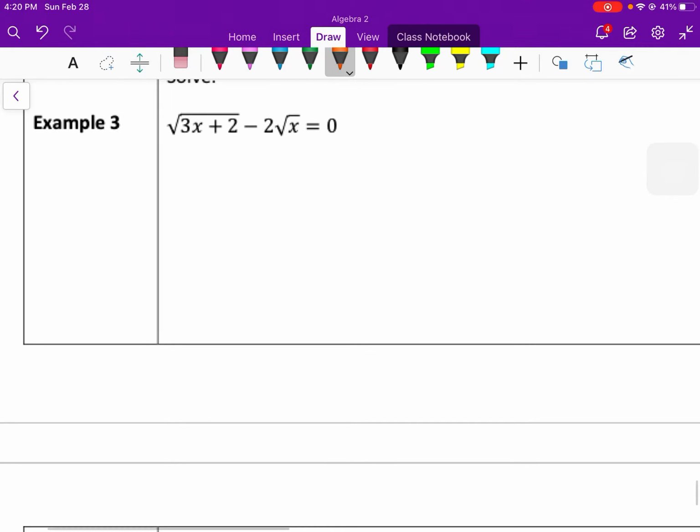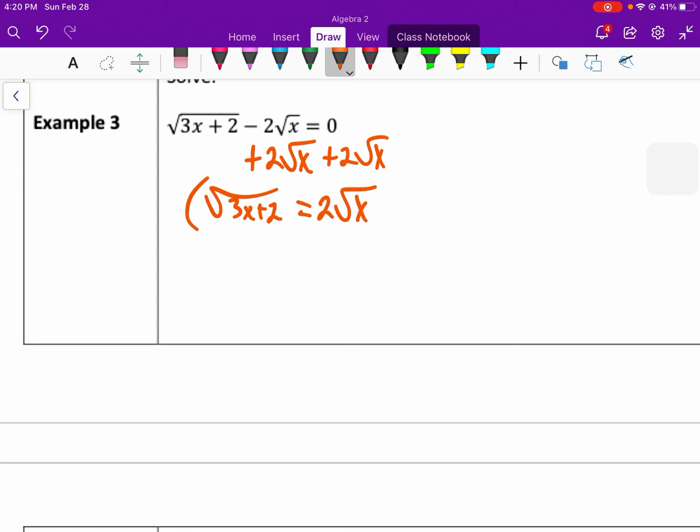We want to get the roots isolated, so we're going to add 2 square roots of x to both sides. So now we have the square root of 3x plus 2 equals 2 square roots of x. We did an example like this yesterday. Inverse operation is to square both sides. When you square the left side, square root, squared, those are inverses.